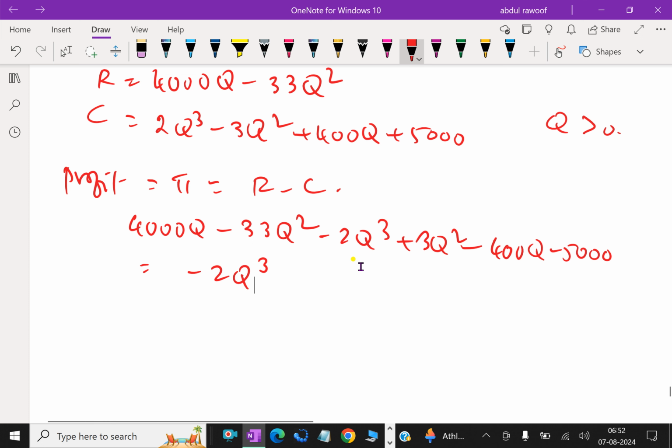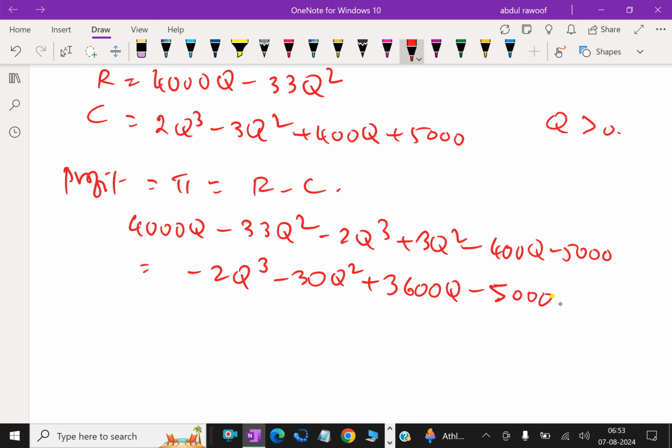For q square, it is minus 33 plus 3, that is minus 30q square. Then 4000q minus 400q is plus 3600q. Then next is minus 5000.